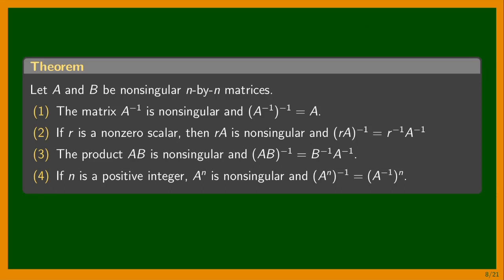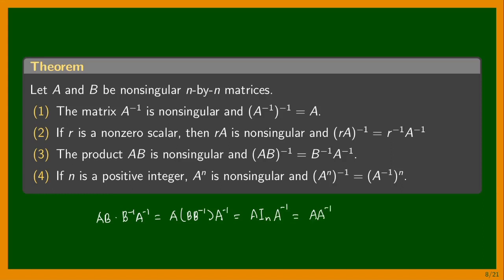The reason for this equation is the fact that when you multiply AB with B inverse times A inverse, you see by the associative property, we can associate B and B inverse like so. This gives us the identity, but the identity doesn't do anything there.